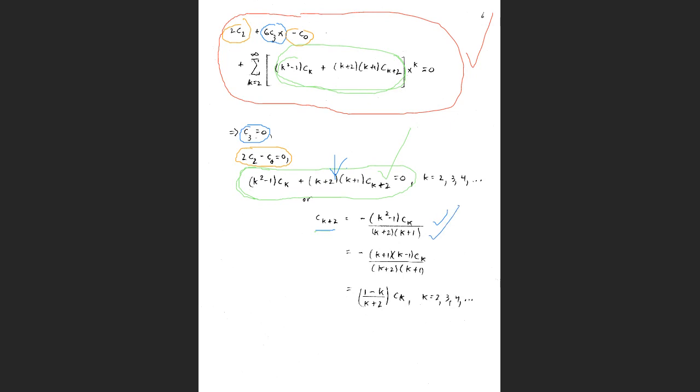Wait, so how did we set things like the c3 term and the 2c2 minus c naught equal to 0 if it's just the entire thing, as in 2c2 plus 6c3 x minus c naught plus the whole power series times x to the k? If that whole thing equals 0, how do we just set these individual terms equal to 0?